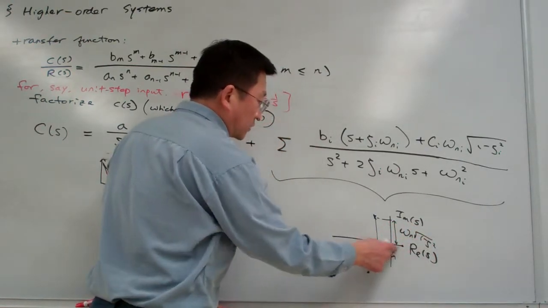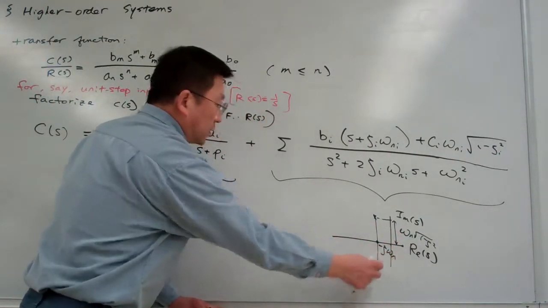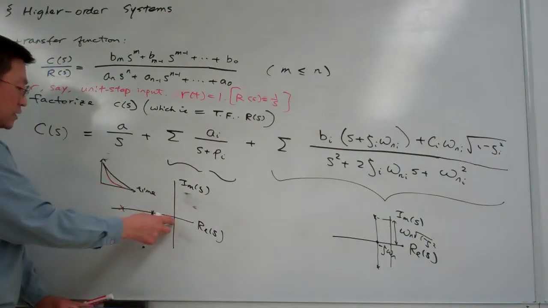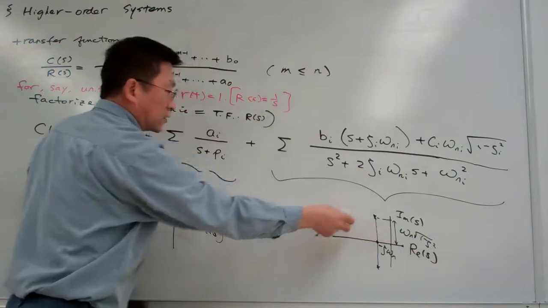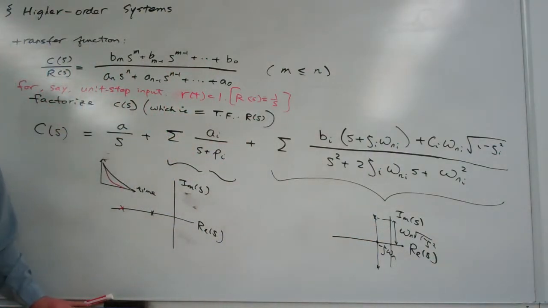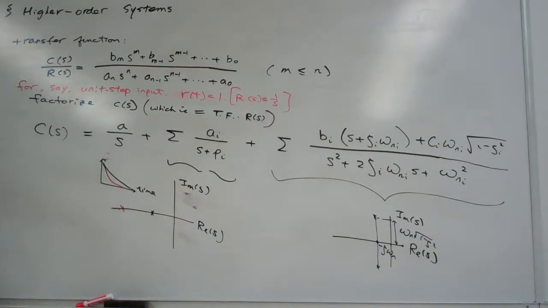So it really depends on the two values. This one determines how fast it decays, and this value determines how fast it is oscillating. So by this we can do a very good approximation.